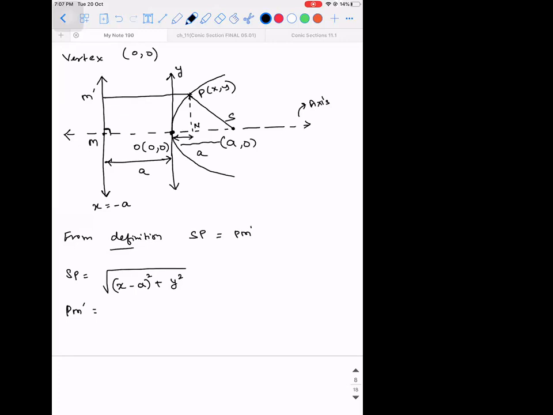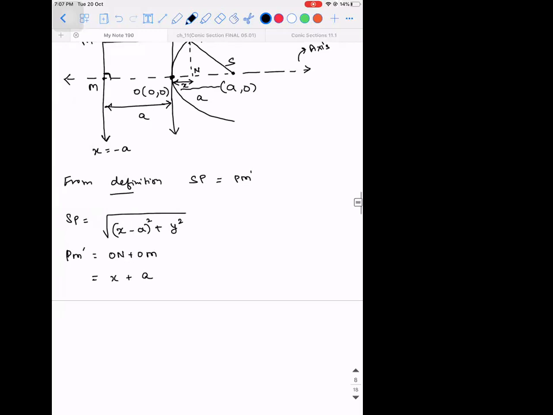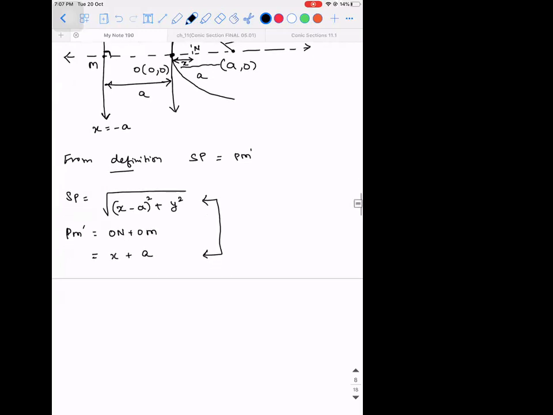X. That's right. So look at the diagram. Can I say PM dash is nothing but ON plus OM? ON is x, OM is a. I'm talking about distance, okay? Don't take the minus into consideration. The distance is a. So these two are supposed to be equal for it to be a parabola.